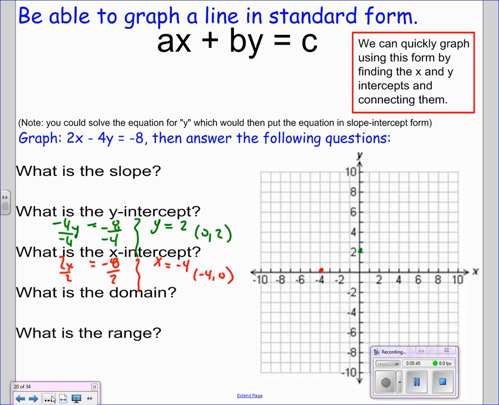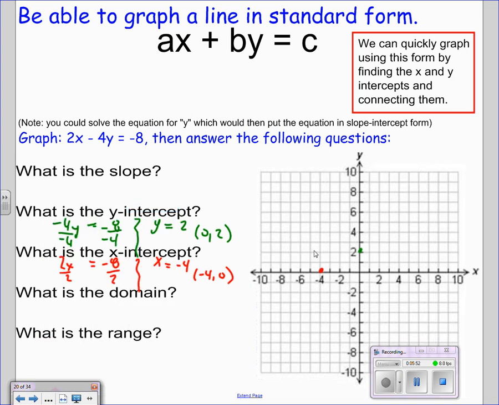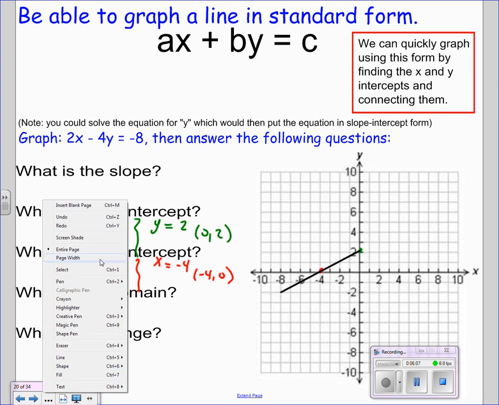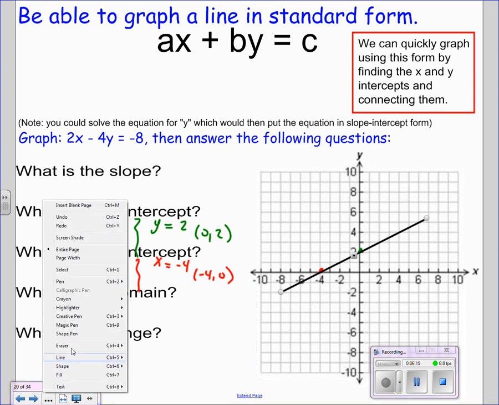And all it requires is 2 points to graph a line. And we have 2 points, our x and y intercept, so we use a straight edge to connect them. You could always make it extend beyond the points, which is great, and use arrows at the ends.